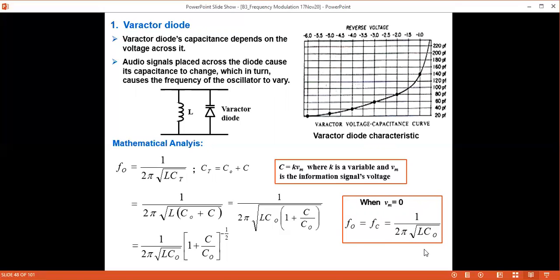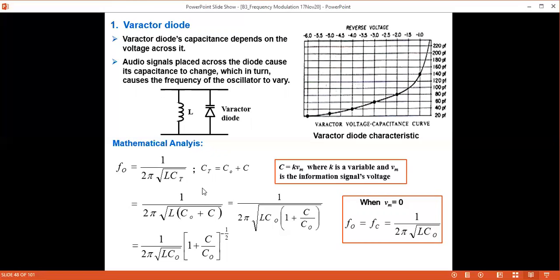And C is the capacitance variation, the value when we apply our information voltage. So C is equal to kVm, where k is the variable and Vm is the information signal's voltage. So C is where we have the influence of Vm on our capacitance.